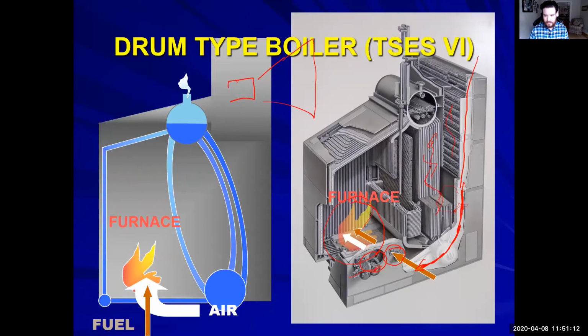Flames are not going to be licking these tubes over here. They're basically going to situate in this spot of the furnace. Don't kid yourself. It's going to be wicked hot over here. But the flames are basically going to stay in a cone shape coming out of the nozzle.